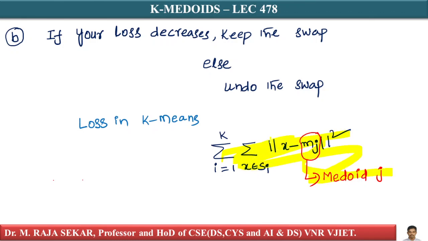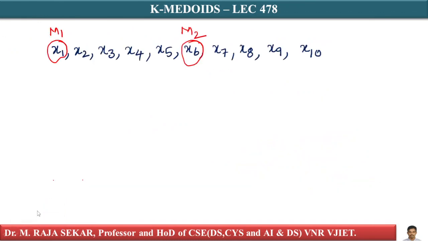So what you do here, algorithmically speaking, is instead of m1 being your medoid, you swap it. Let's assume I have points x1 to x7, where x1 is my medoid 1 and x6 is medoid 2.